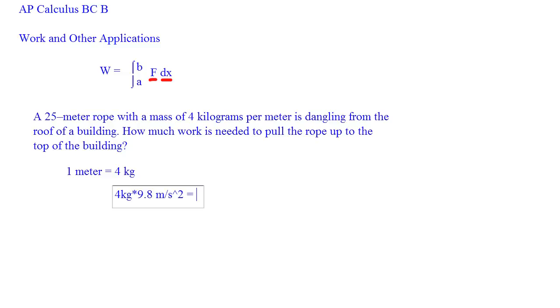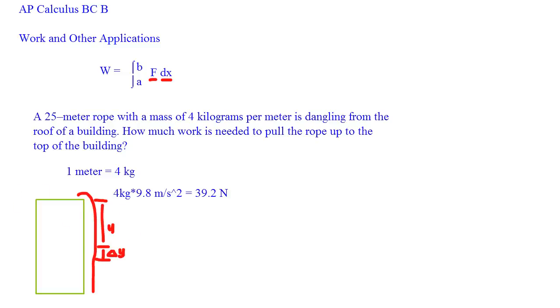Okay, and that turns into 39.2 newtons. Okay. All right. Now, if we take a look at the rope and we divide into small sections, here, let's draw a picture. All right, let's divide into small sections of length delta y, each requiring a force of 19.6 times delta y newtons to move it against gravity.